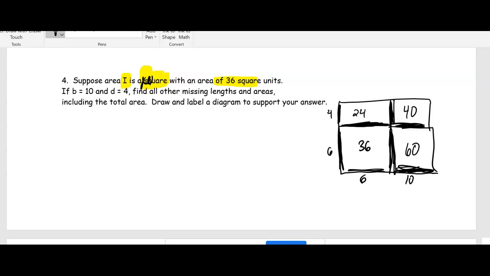What I want you to now do, if I ask you to find the overall area, so write this down, because this is how we're going to kind of transition into what we're going to be doing on the next problem and then really for the rest of the week. We have 2 different ways that we could do this that we talked about yesterday. So option number 1 now, if I wanted the area of the big rectangle, the overall rectangle, we could just add up each of those individual areas.